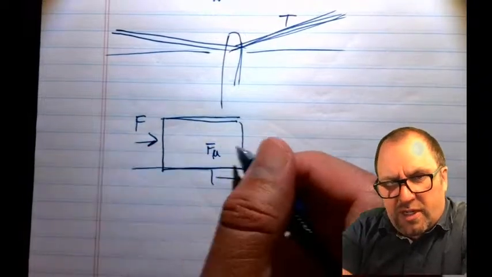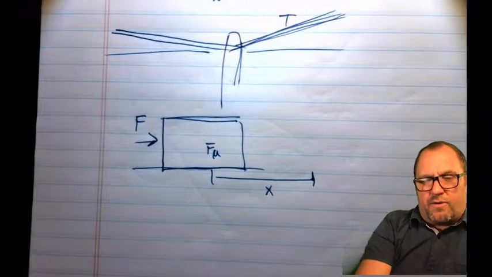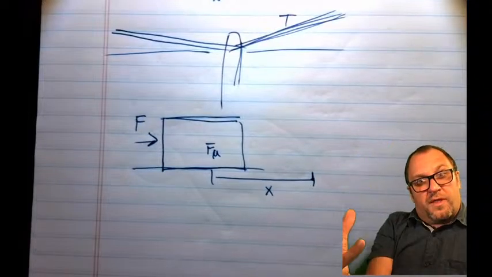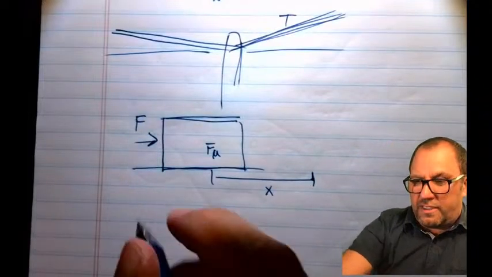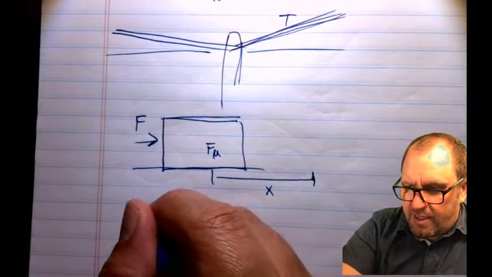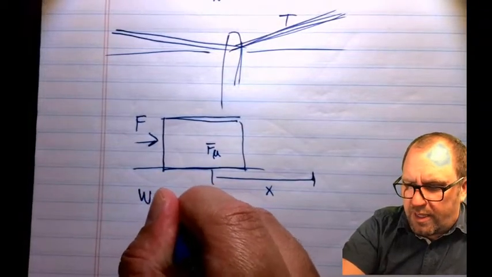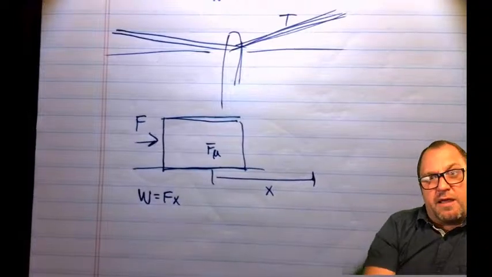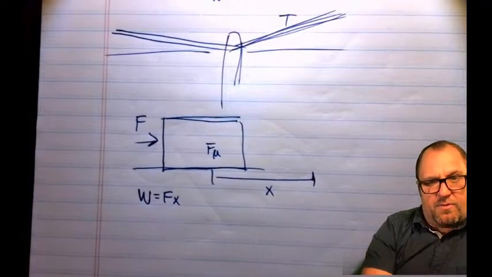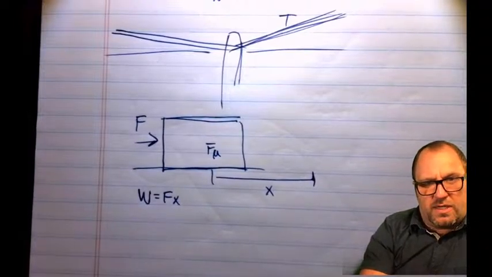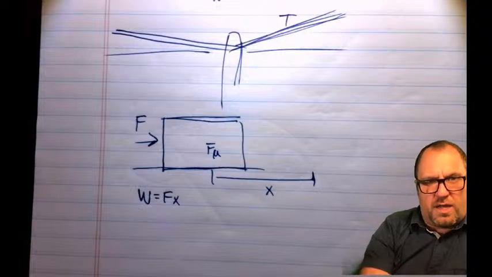If I push on it, how do I find my work? What's the formula for work as a function of distance? Work is equal to force times distance. What else do we need to know?